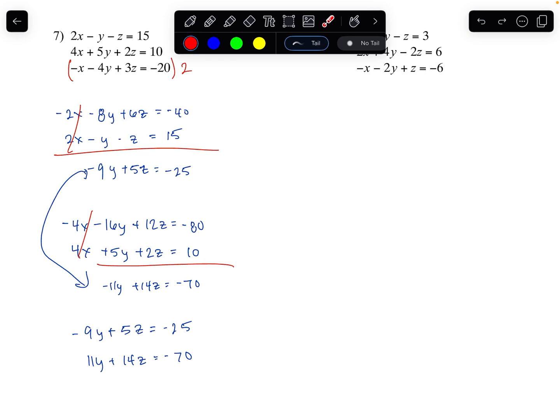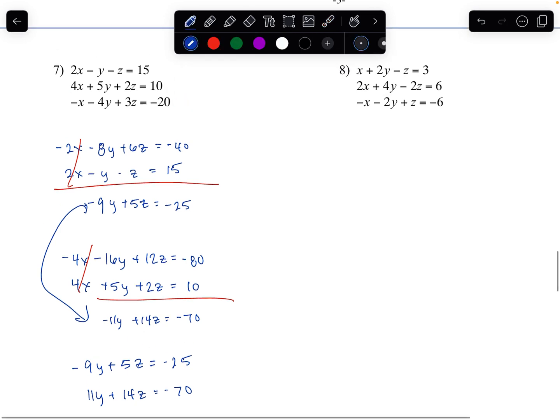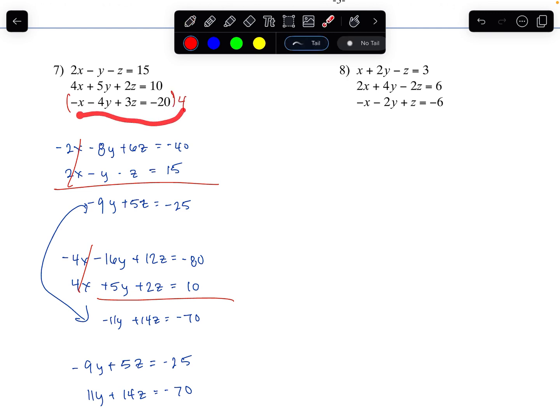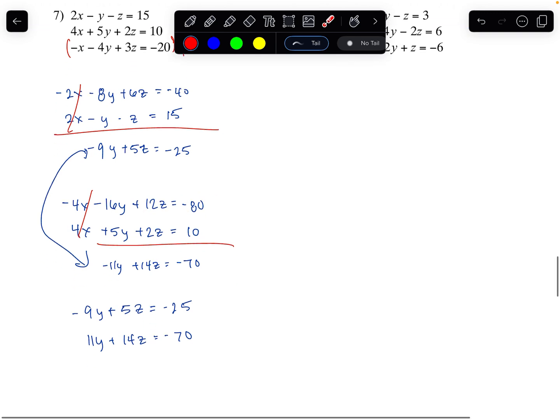Okay. And then I multiplied by 4, right? I multiplied this by 4. And that gave me negative 4x minus 16y plus 12z minus 80. Okay.